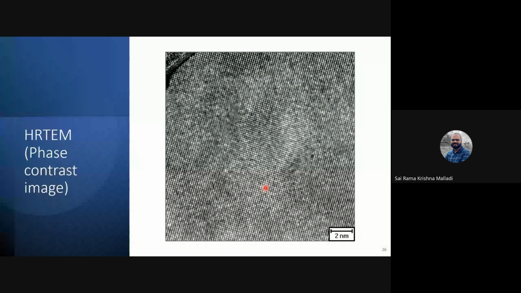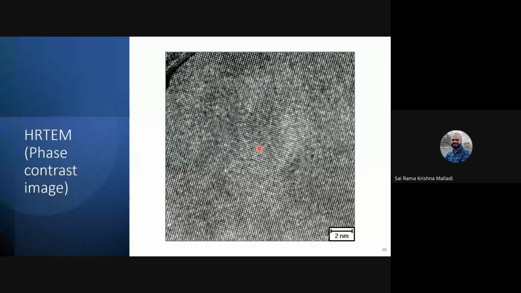So that is precisely what you're seeing here. From the top, if a plane propagating electron wavefront interacts with a sample which is oriented like a cube, but the direction of the cube is such that the axis of the cube is along the electron beam direction, and the top view, which is a square, is appearing like this.